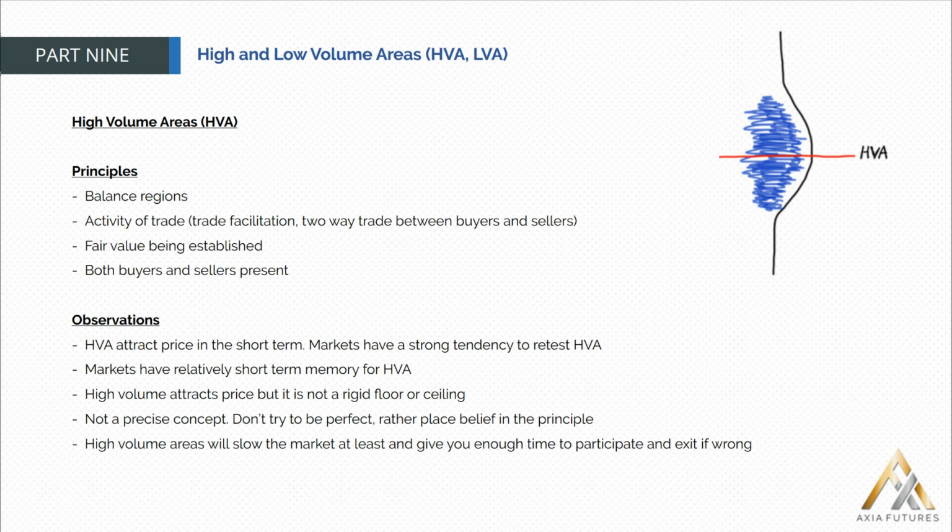So it's very often that a previous value area does slow trade up a bit. So if you do happen to be in a wrong trade or a bad trade, this is the kind of area that could just give you a little bit of time to get out of a sticky or a bad position. Let's now look at an example of how we can utilize the high volume area.